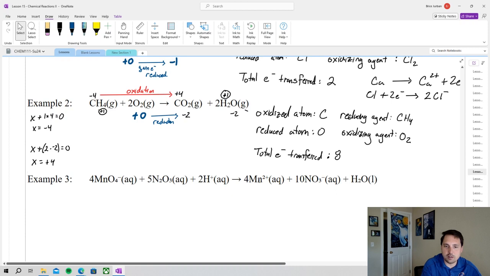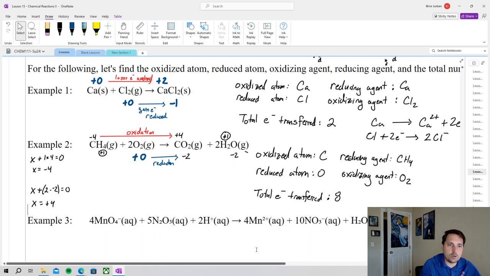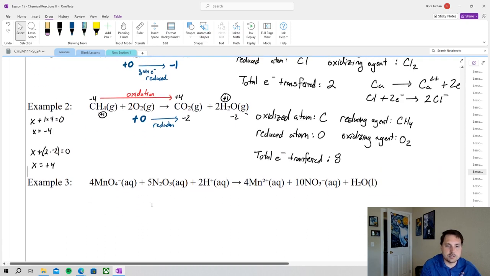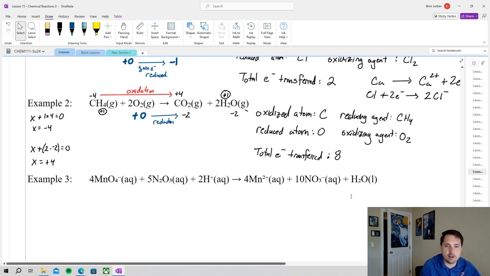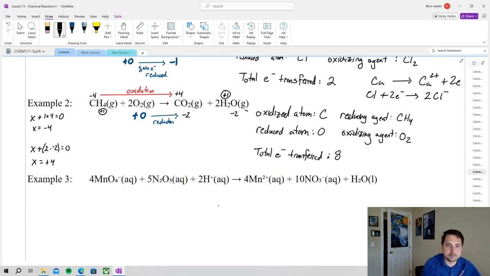On the right side, we'll have Mn2+ ions, nitrate, and H2O. For this one, we're writing it without the ionic compounds present. There are some other counter ions, but they're not important. So we're looking at just the net ionic equation here.